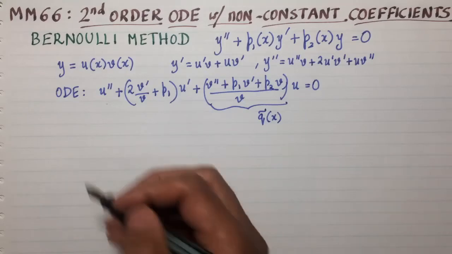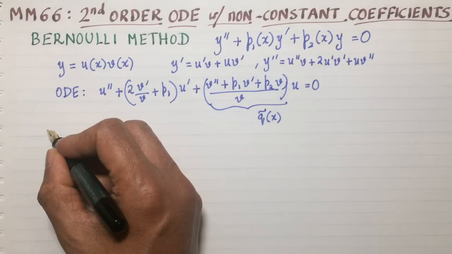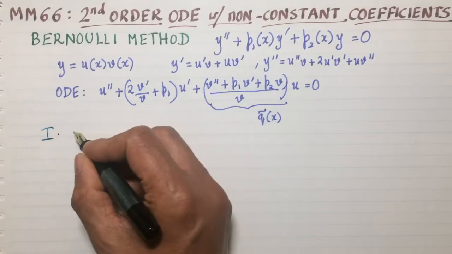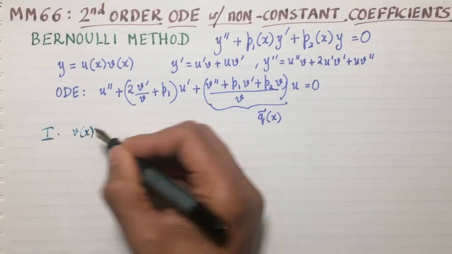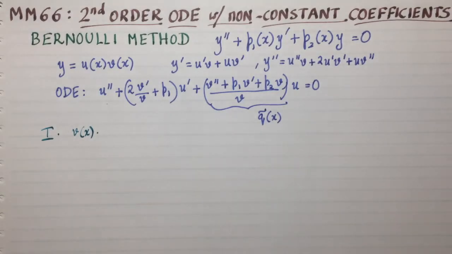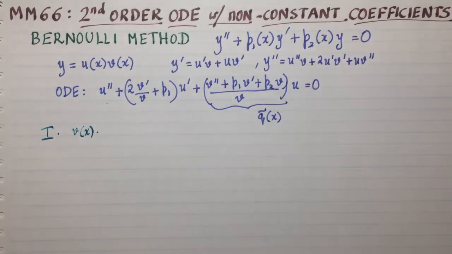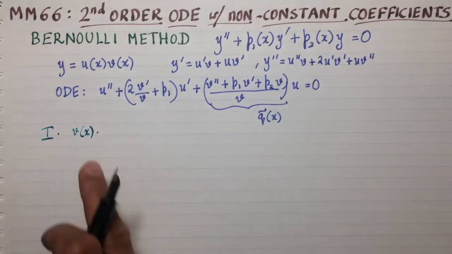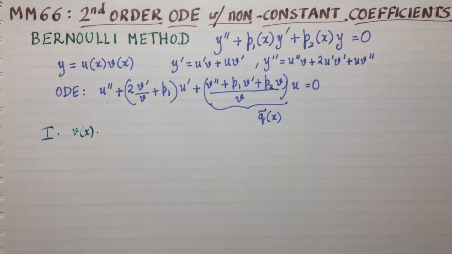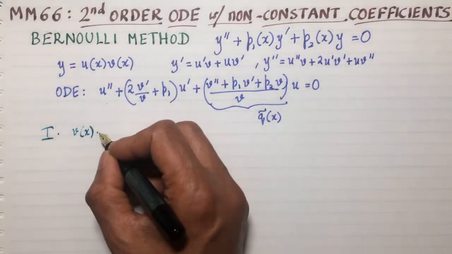The first possibility is that by hook or crook, you've managed to find one solution. Oftentimes the solution is found by guessing or just trying out a bunch of stuff, and you'll find one, bang, it satisfies the ODE. So when you get lucky like that, you say that v of x is a known solution.